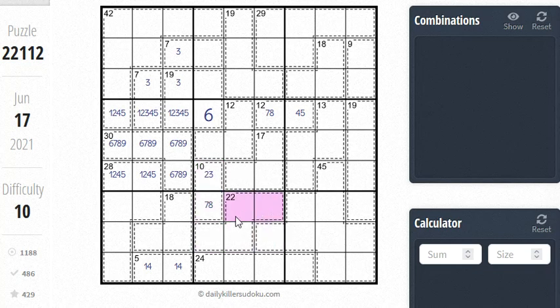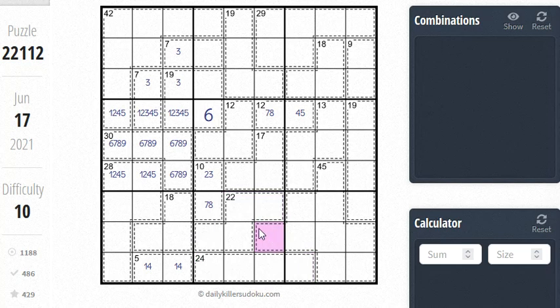And now, this is 44 here. So, I'm sorry, 46. This is 46. So, because it's 46, this 7, 8 makes this pretty forced. So, this has to be a value.